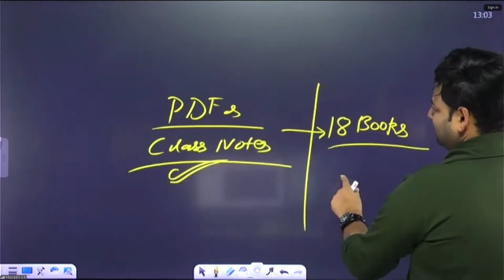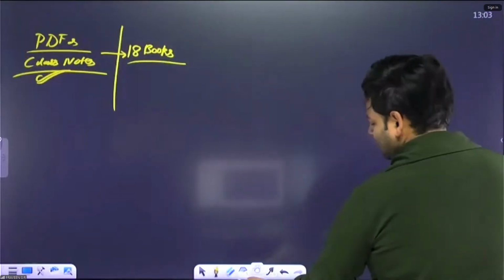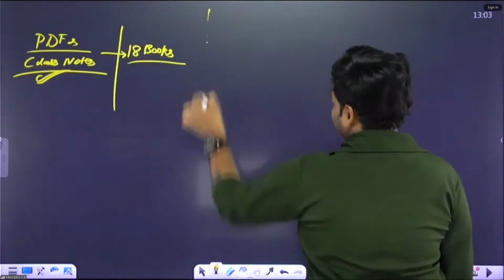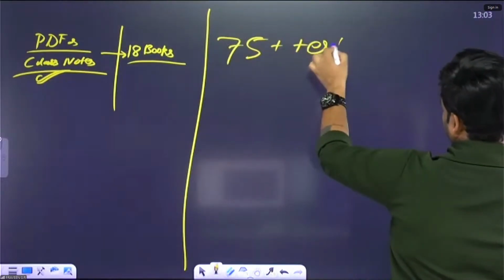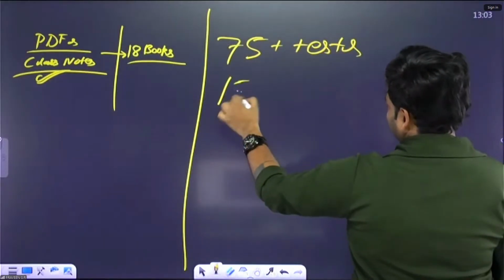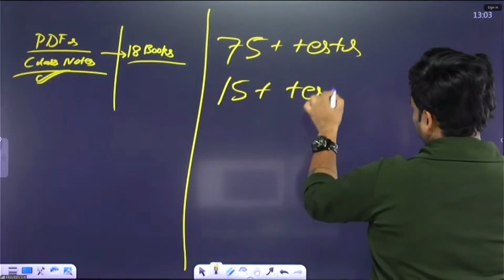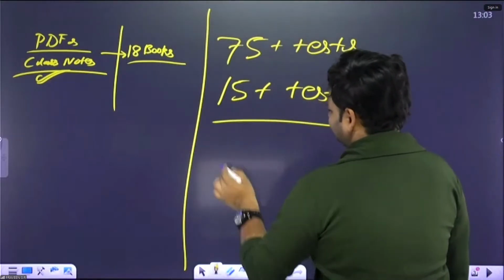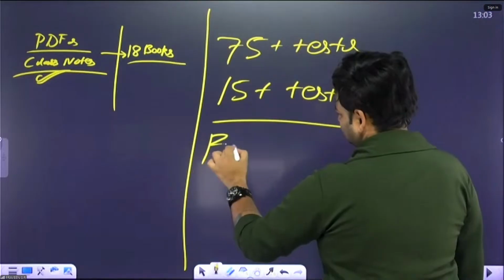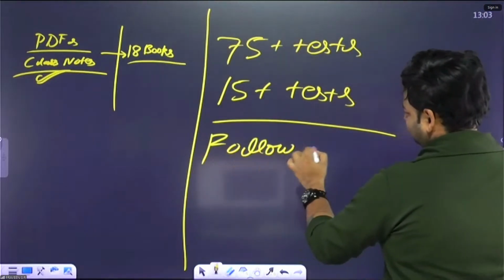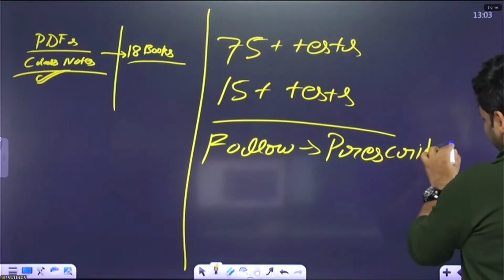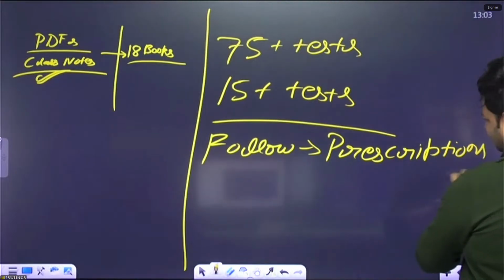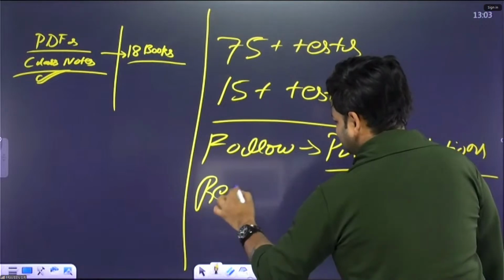For prelims alone, we have got 75 plus tests. And for mains, we have got 15 plus tests. You just have to follow the proper prescriptions, that is the guidelines. Just go with the regular classes.